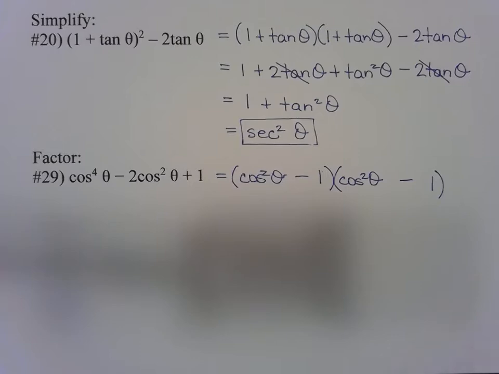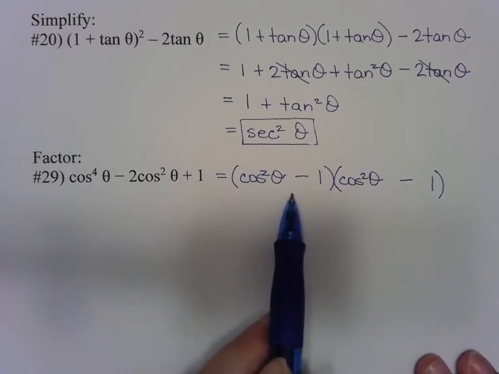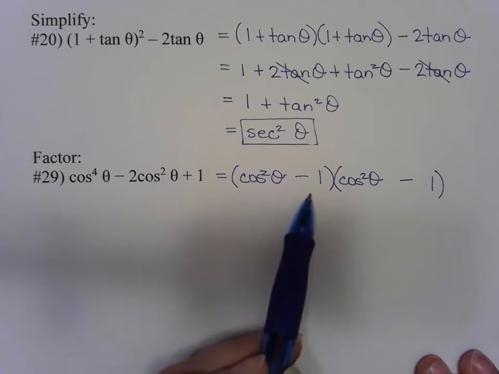Okay, so then we want to think about another Pythagorean identity, right? Let's see, it doesn't actually look like this, though. It looks reversed. And so I can reverse this. Well, actually, on second thought.